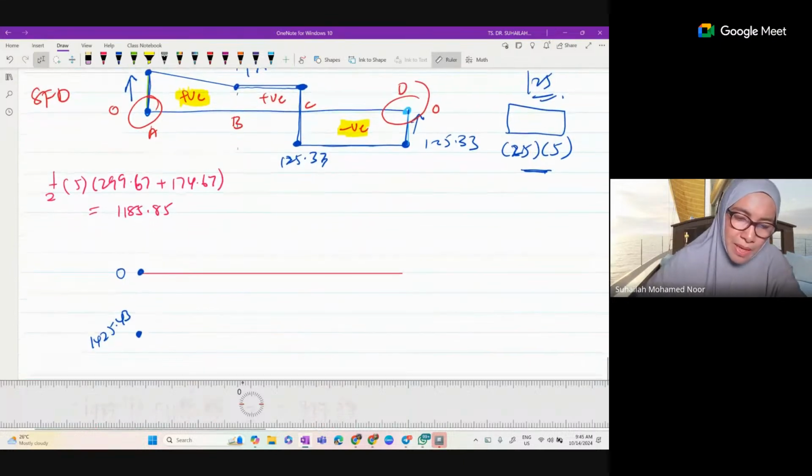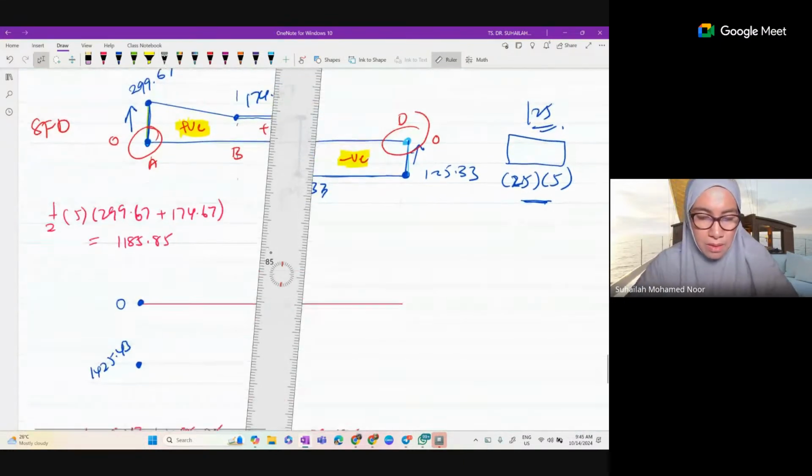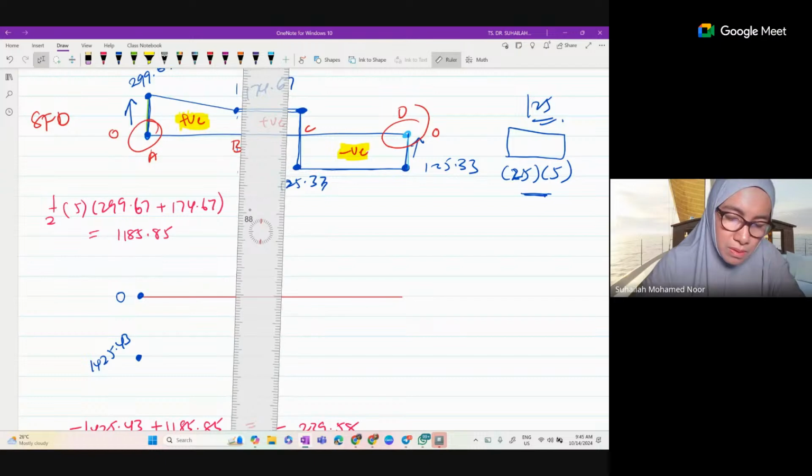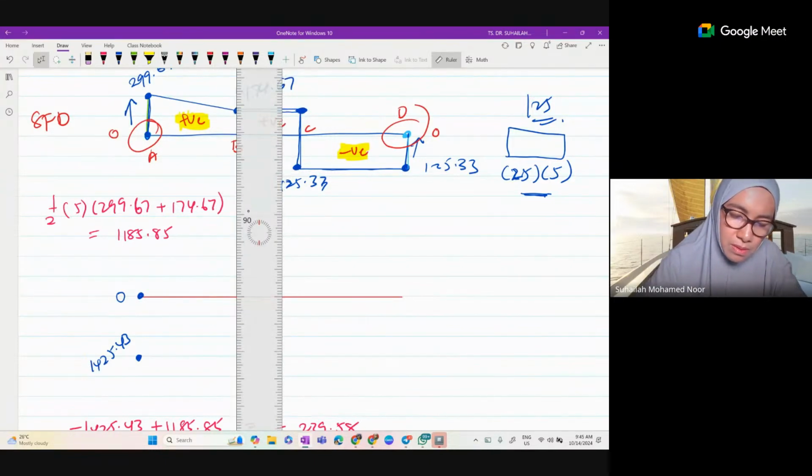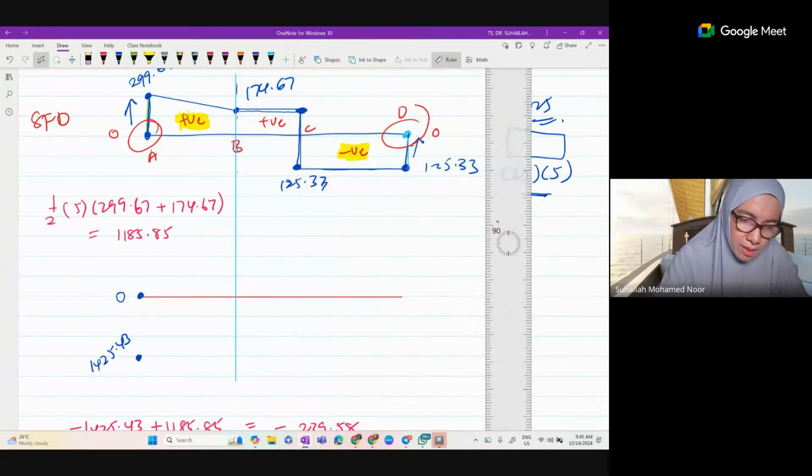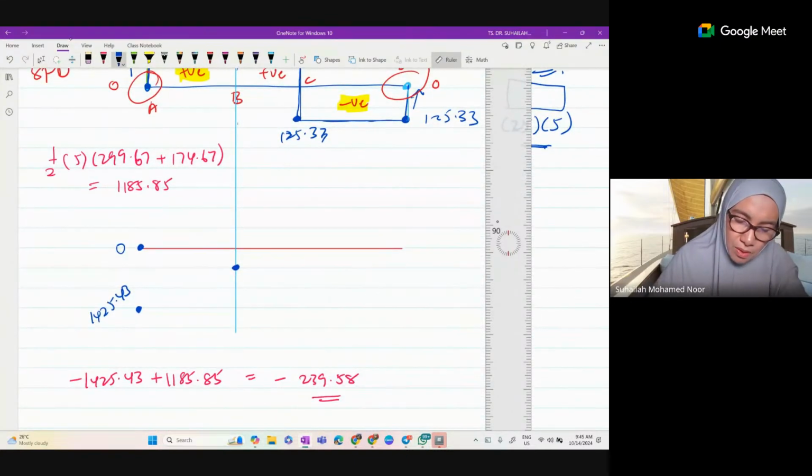So at B, the point is somewhere here. It is 239.58 and it is negative.